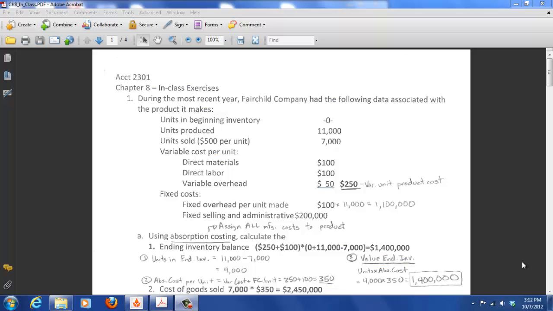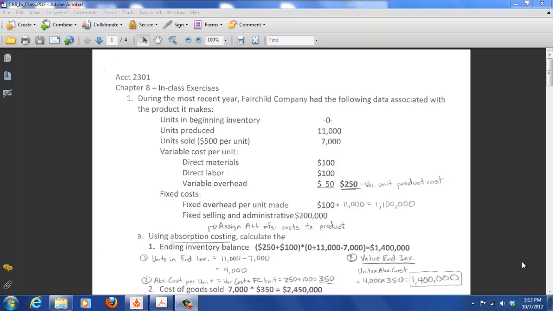Today we're going to be looking at some in-class exercises from Chapter 8. Chapter 8 has to do with absorption costing versus variable costing. If you remember back to the chapter, when we use absorption costing, we include all manufacturing costs in the product cost.